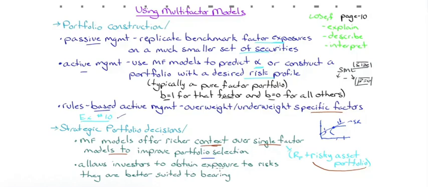Allows investors to obtain exposures to risks they are better suited to bearing. So let us say that I am a pension fund and I give an allocation to, let's put it this way, a fixed income manager who is going to invest in bonds. And I say, I have a very long time horizon, so I'm not sensitive to liquidity at all.